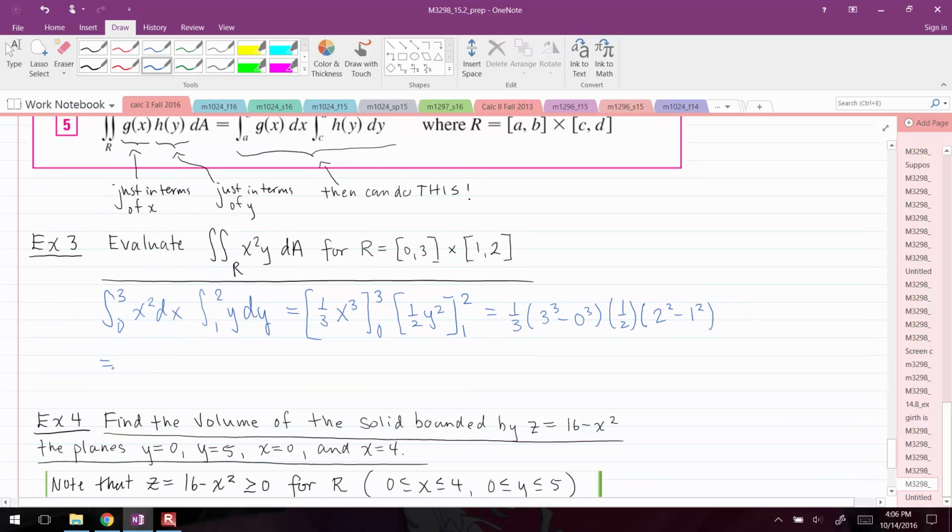So we'll work this out. We get 1/3 times 3 to the third times 1/2 times 4 minus 1 is 3. So we're going to have 27 halves. Just check that answer. Looks good.